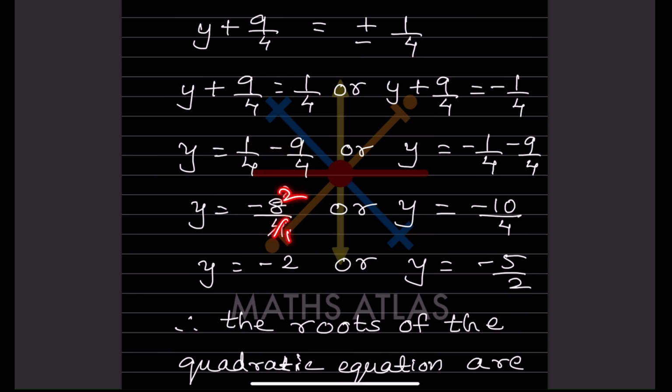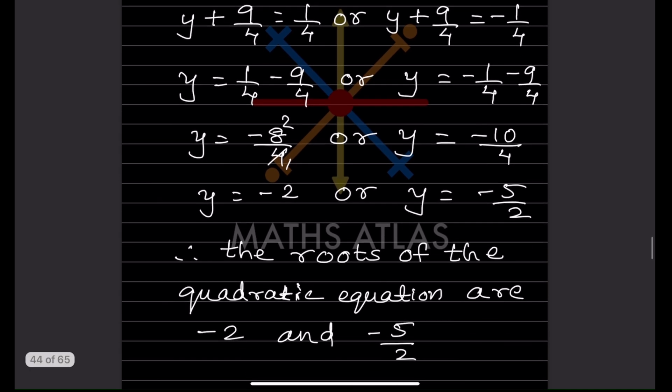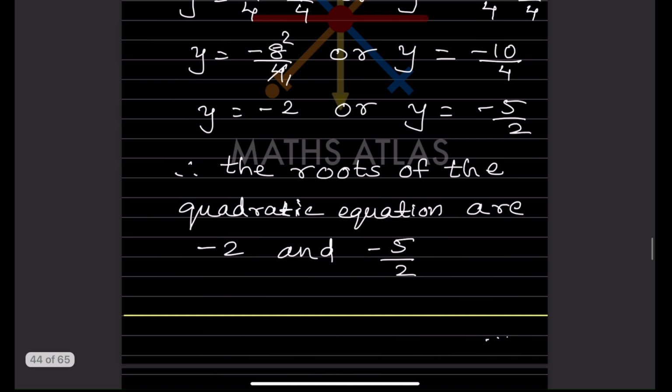And 4 ones are 4, 4 twos are 8, that will be minus 2. And here now let us see, the denominator is 4, minus 1 minus 9, that is going to be minus 10. So y is, here 2 twos are 4 and 2 fives are 10, that will be minus 5 by 2. So we got the two values of y. So we can say the roots of this are minus 2 and minus 5 by 2.